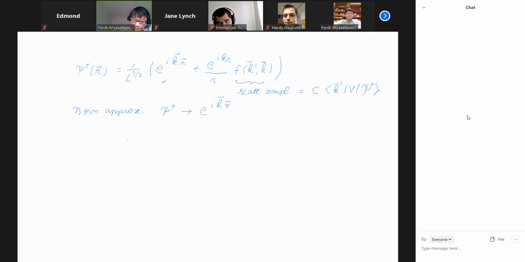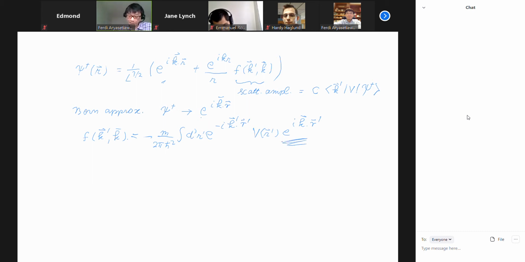So we get then the scattering amplitude is then given by some constant prime, the matrix element, like this.